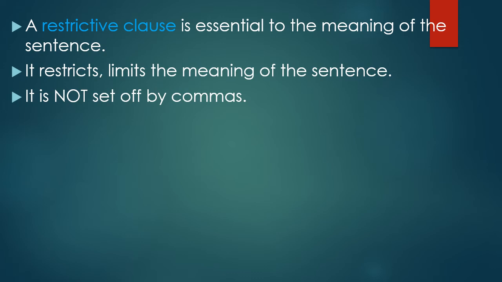Non-restrictive are set off by commas, so we put them between two commas, but with restrictive clauses we don't use the commas, okay? And the thing with the restrictive clauses, they are important to the meaning of the sentence, because if we remove the restrictive clauses, we do change the meaning of the whole sentence. So which means restrictive clauses are very important to the meaning of the sentence because they restrict, they limit the meaning, they specify something in the sentence.